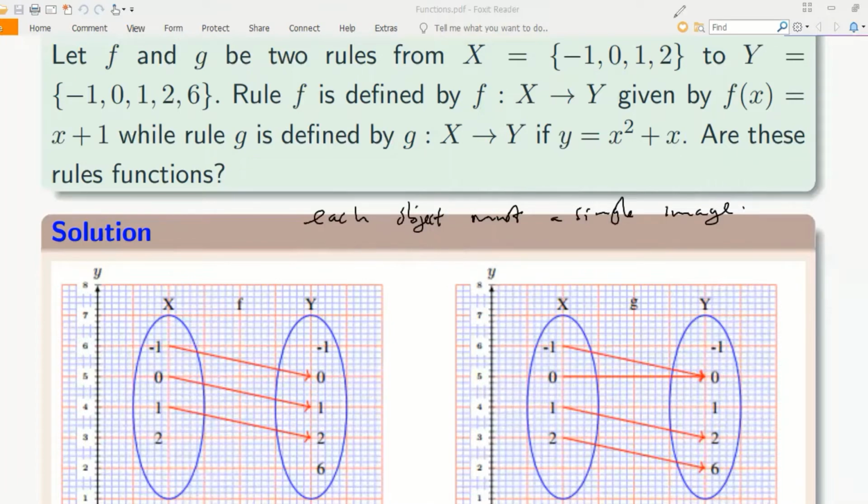We can even have a case like this, where we have this set and this other one.